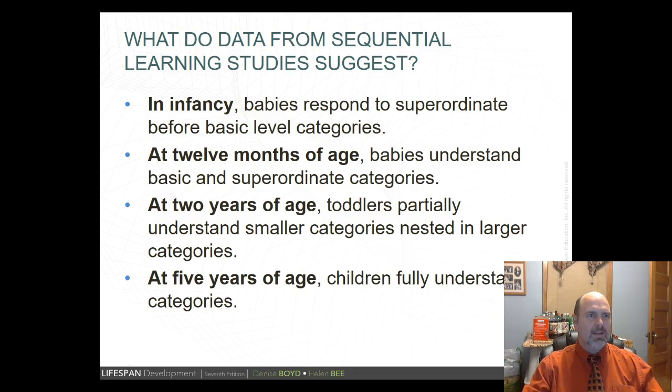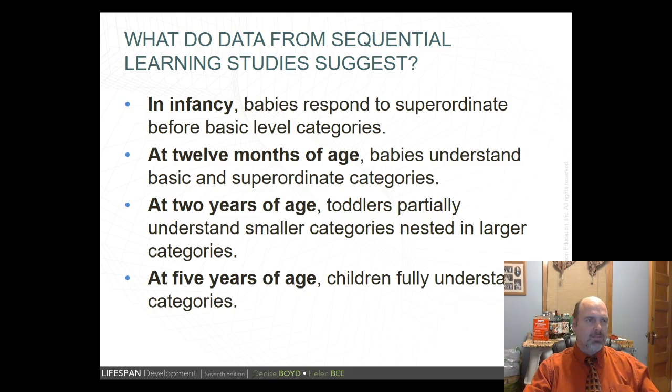Okay, what do data from sequential learning studies suggest? In infancy, babies respond to superordinate before basic level categories. In other words, they understand the big picture before they start learning lower, smaller categories. At 12 months of age, babies understand both basic and superordinate categories, like doggy is an animal.